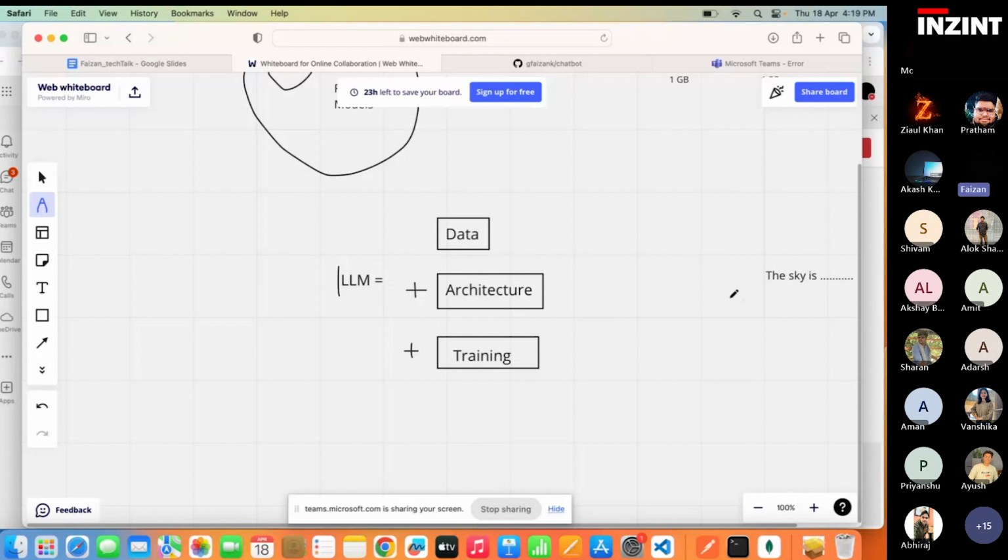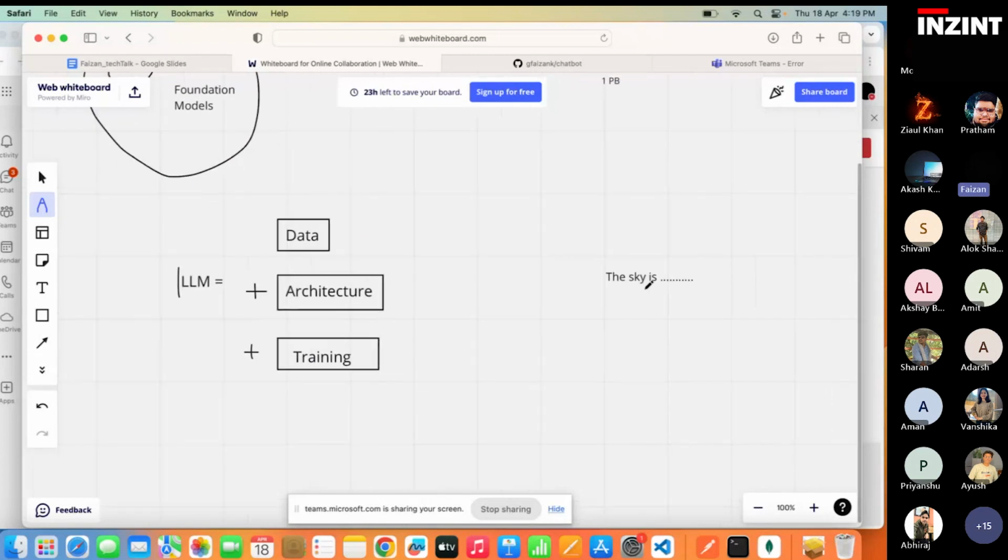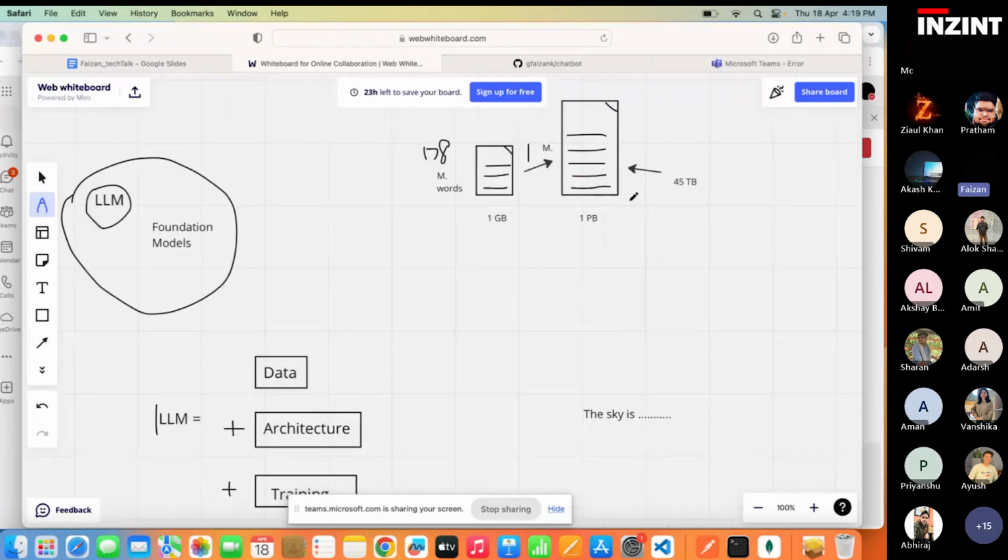Suppose we take an example sentence, "the sky is," and we give a fill-in-the-blank kind of task to GPT. This allows the model to build a comprehensive understanding of the sentence structure and the meaning of the words within it. And this is how this architecture is trained on all of this large amount of data, all 45 terabytes.